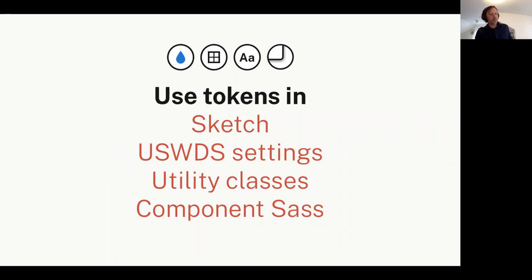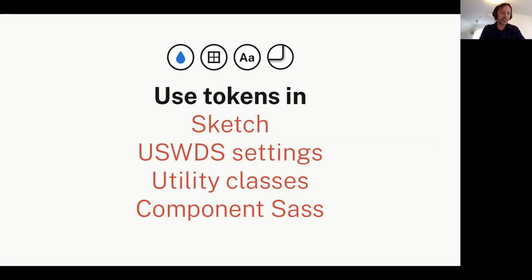And as we'll see in a moment, we've developed the design system design tokens to be used in every phase of design and development, whether you're a visual designer or developing in code. You can and should be using these design tokens. You can use them in Sketch. You use them in design system project settings.